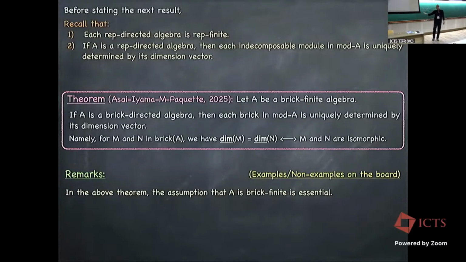And this perspective is something that we hope to generalize when we look at brick-infinite brick-directed algebra. That, in fact, for each dimension vector, even if you have infinitely many bricks, they fall into one irreducible component. I can elaborate on this very last statement, which was quite subtle, in more detail if you're interested. If there's no more question, let's take the speaker again.